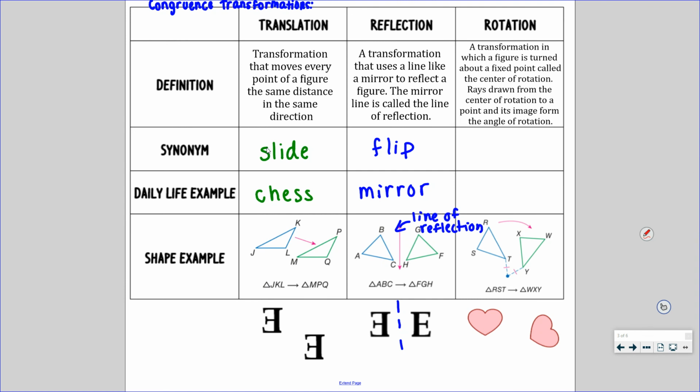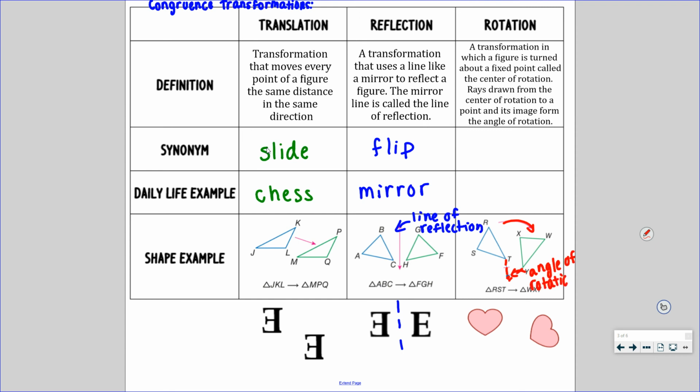And then our third one is a rotation. This is a transformation in which a figure is turned about a fixed point. You can see this example right here. If I take this and turn it about this point at this angle right here, rays can be drawn to form the angle of rotation. Sorry, I think I said reflection.